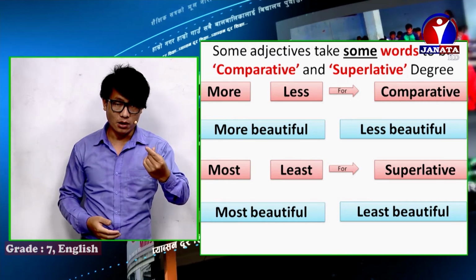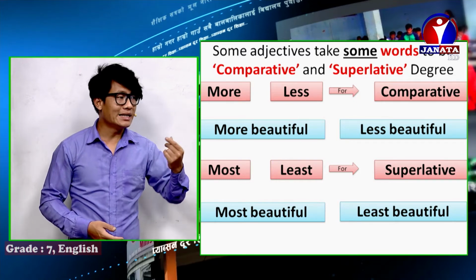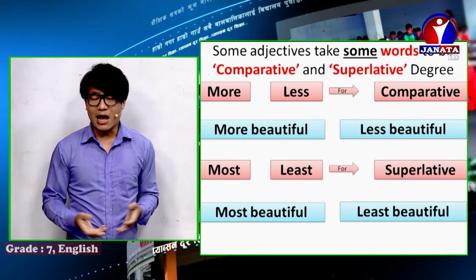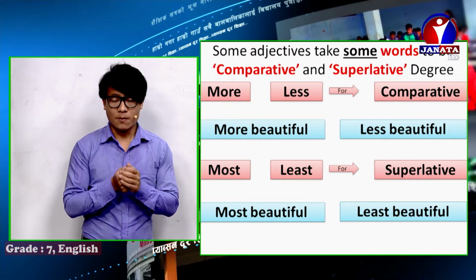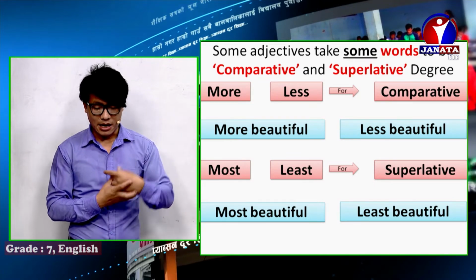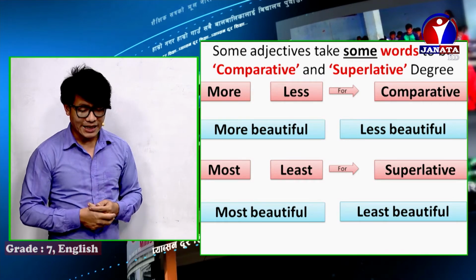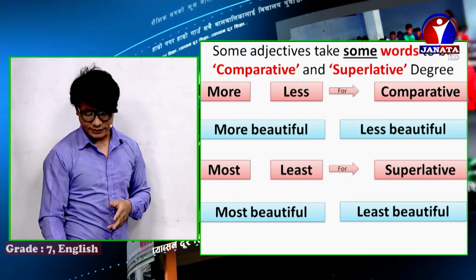More beautiful, most beautiful, less beautiful, and least beautiful. So now let me show you which adjectives take more or most, less or least to be comparative and superlative.